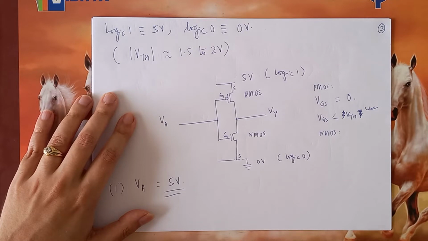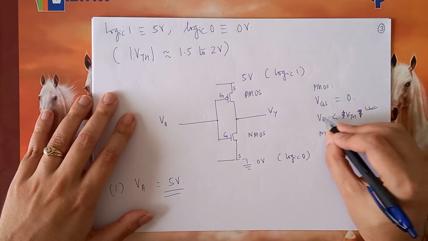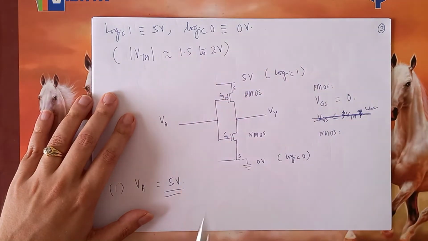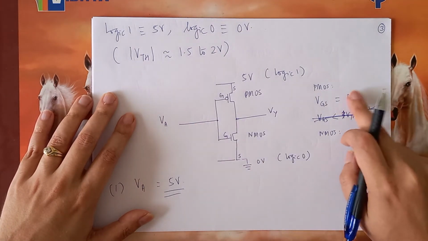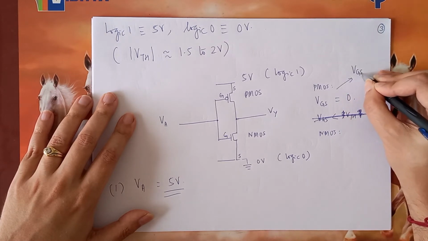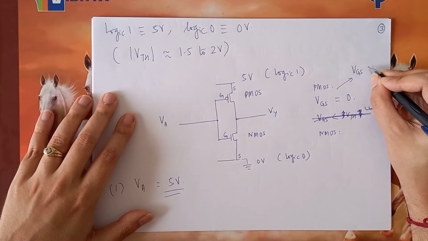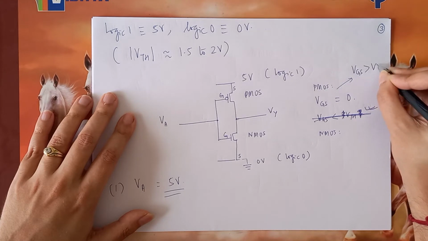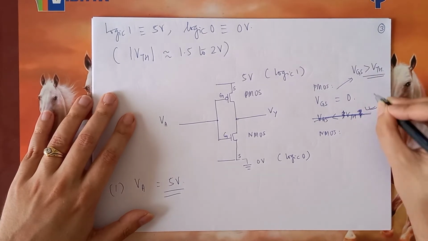If the VTH is minus 1.5 volts, the VGS is more than that. So the VGS is now more than VTH, which indicates that the PMOS is off.